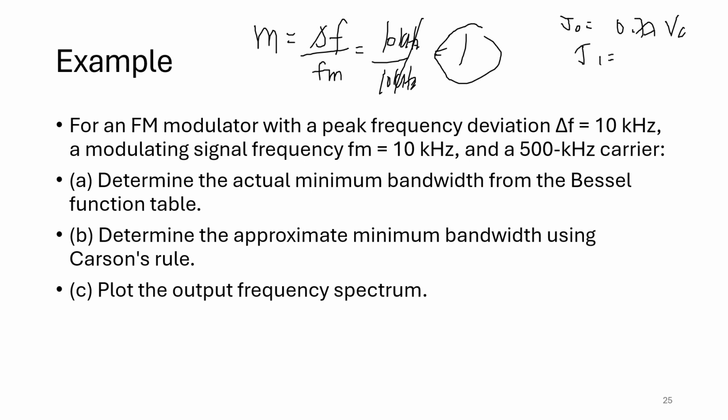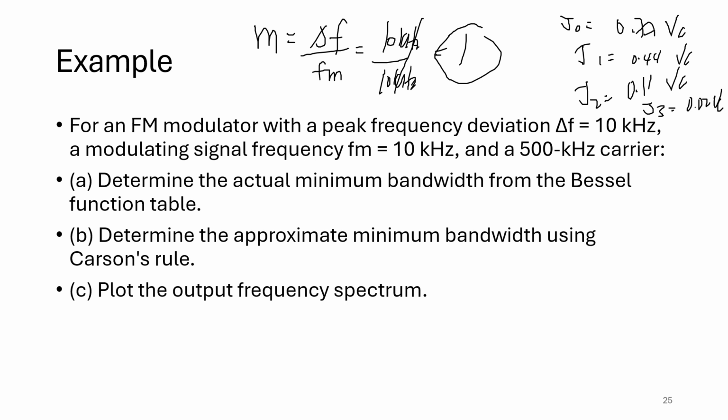We have J1, which is 0.44 of our Vc. We have J2, which is 0.11 of Vc, and J3, which is 0.02 of Vc.